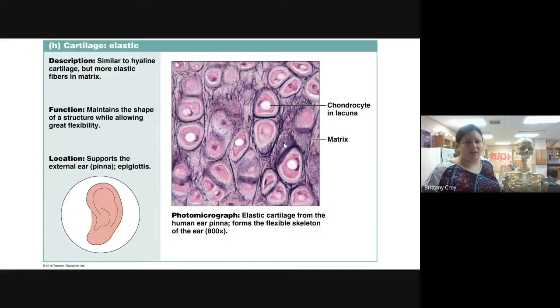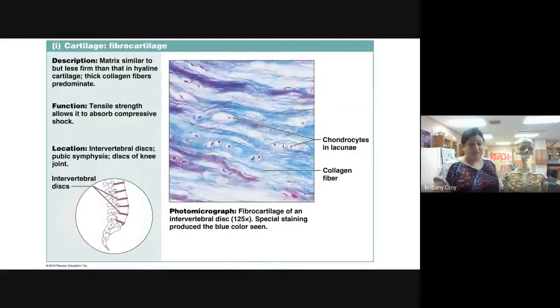So think about if elastic cartilage is similar to hyaline, but it has more elastic fibers, how might that change its function? And finally, fibrocartilage has fewer cells, but notice there's chondrocytes, and then those light blue things are fibers, and then more chondrocytes and more fibers. So lots of really thick fibers in this one.